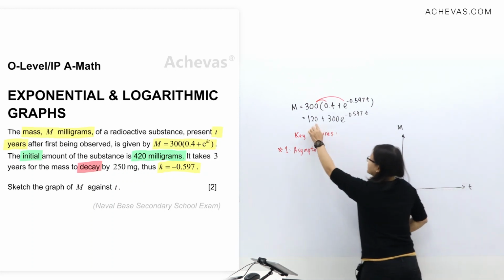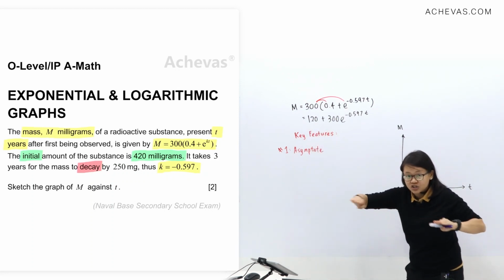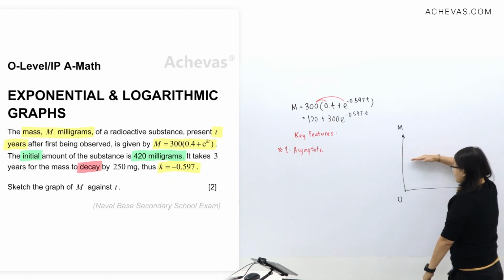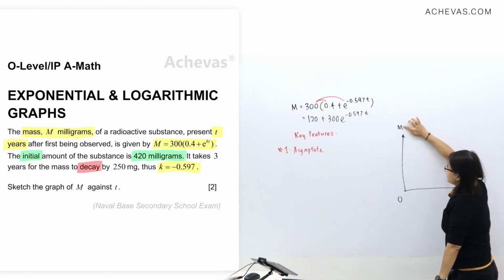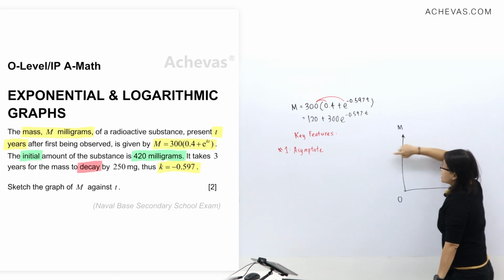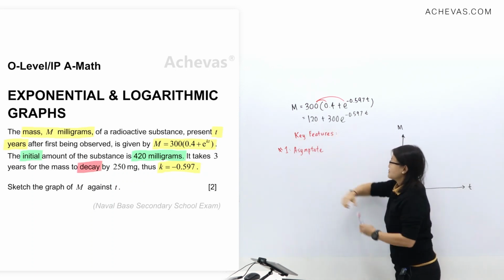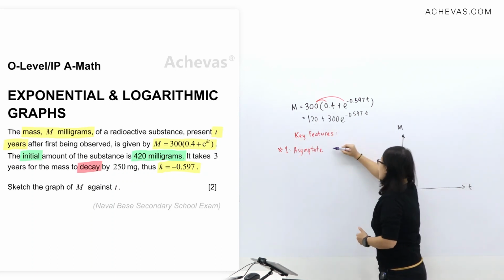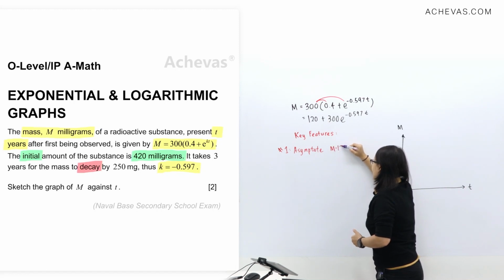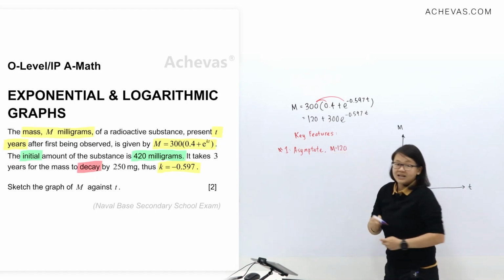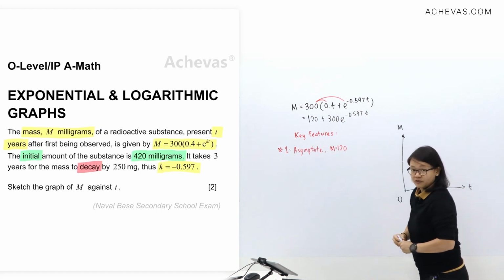Now this standalone number here will be the horizontal line, so I just label. This label is m, so it cuts m at 120. So the asymptote for this graph will be m equals 120. Right, so we're done with the first key feature of the graph.